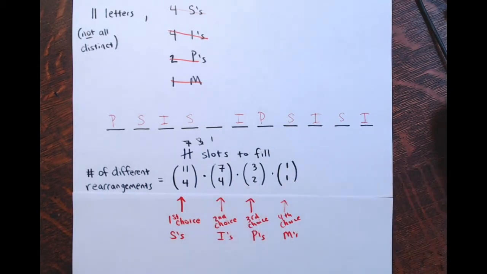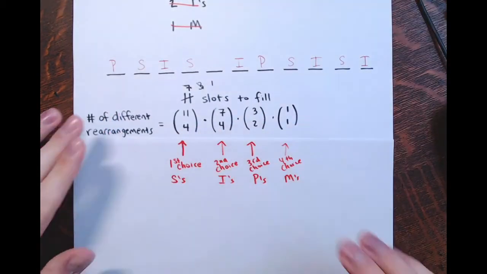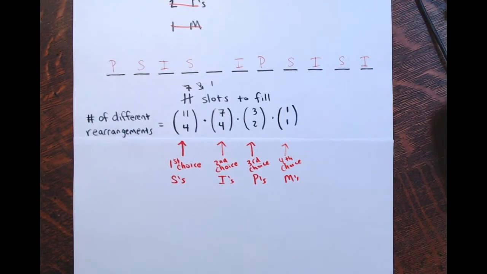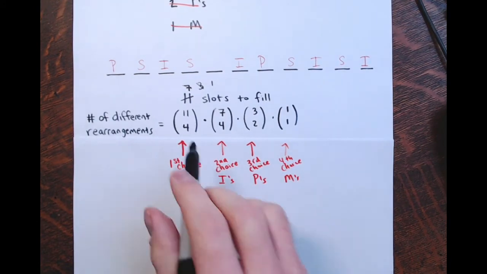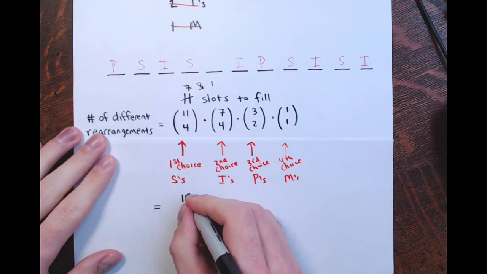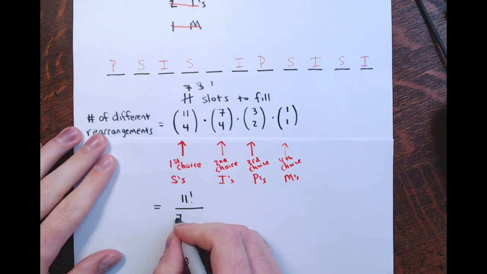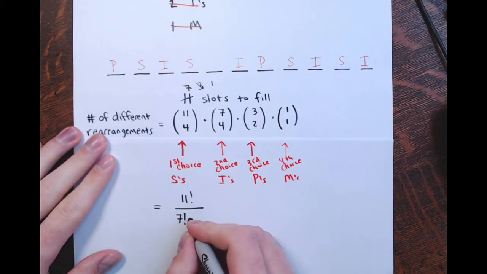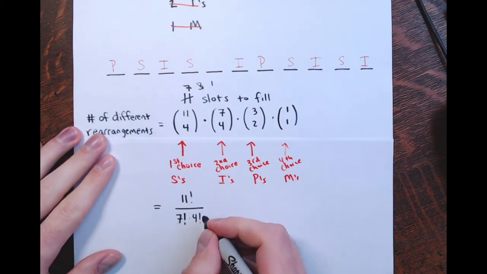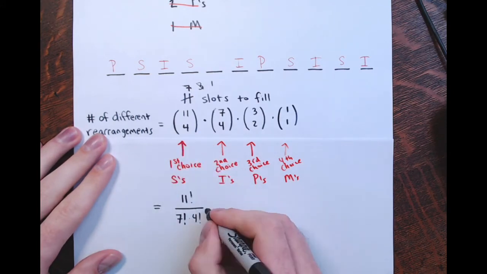Now let me go through here and write out the formula for combinations, because what we're going to see in a second is actually a much nicer formula. I'm going to simplify this. Remember, this is 11 factorial divided by 11 minus 4 factorial, which is 7 factorial, times 4 factorial in the denominator. That's 11 choose 4 with the formula with the factorials in it.